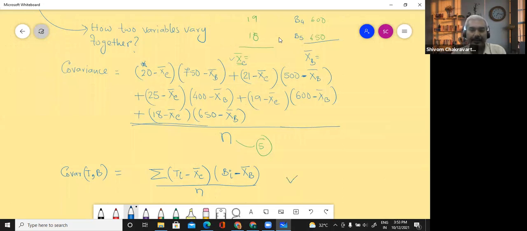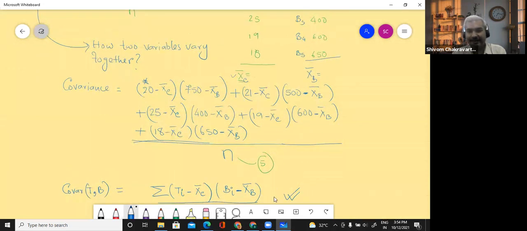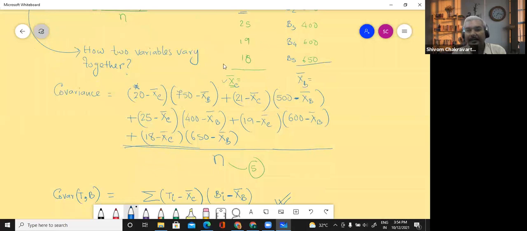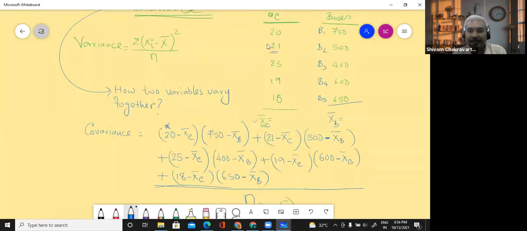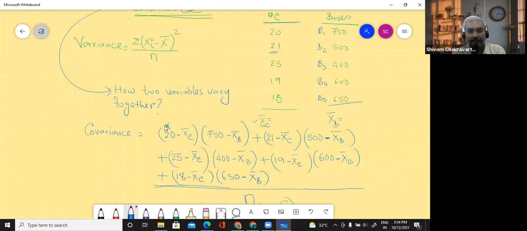So now compare this formula for variance.